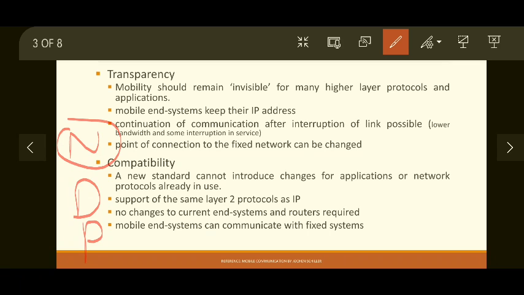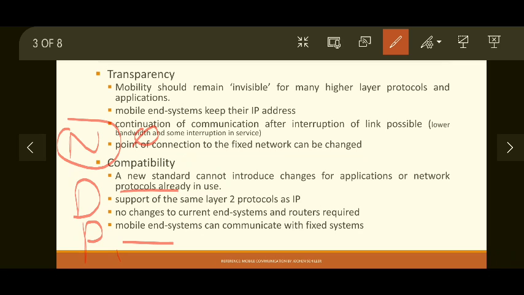As invisibility is important for the upper layers, similarly the same data link protocols and physical layer protocols should be supported by this new version of IP. We have already seen that this is not quite possible in the case of data link, because medium access is a part of data link, but other protocols apart from the MAC layer should be supported by mobile IP.